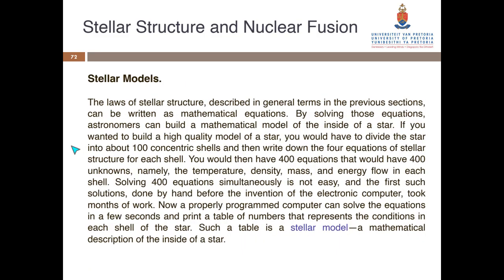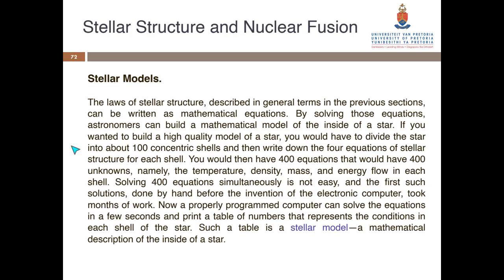So now we can put what we learned together into a stellar model. The laws of stellar structure described in general terms in the previous sections can be written as mathematical equations. By solving those equations, astronomers can build a mathematical model of the inside of a star.